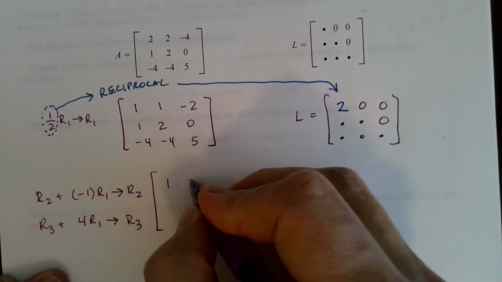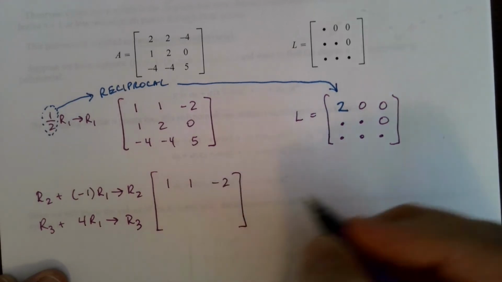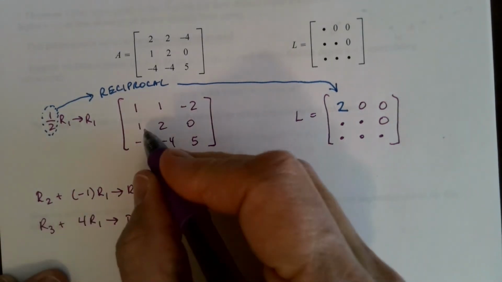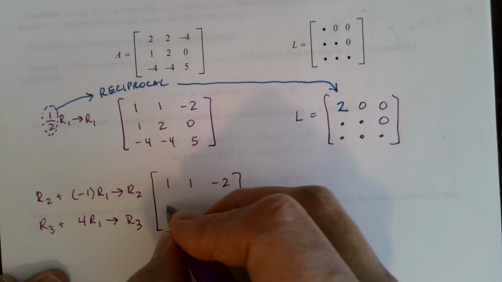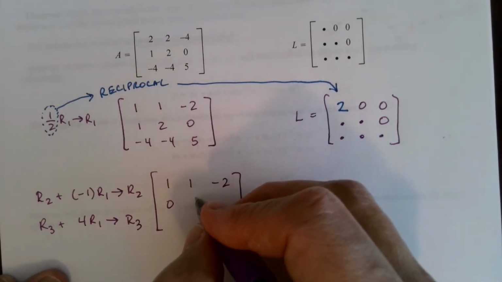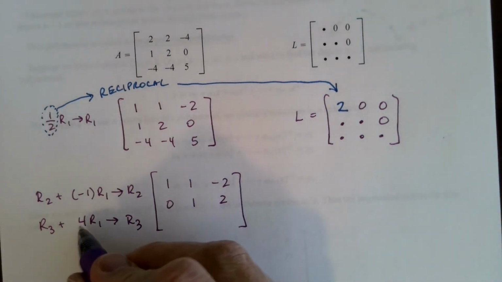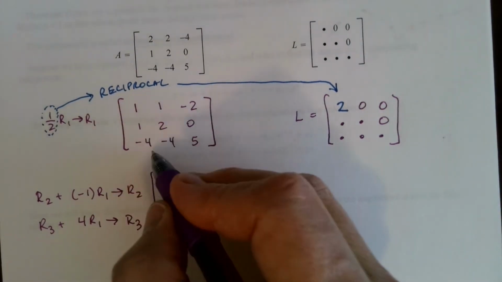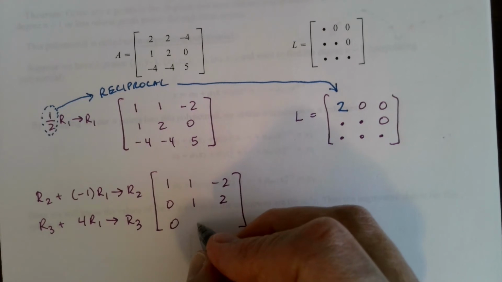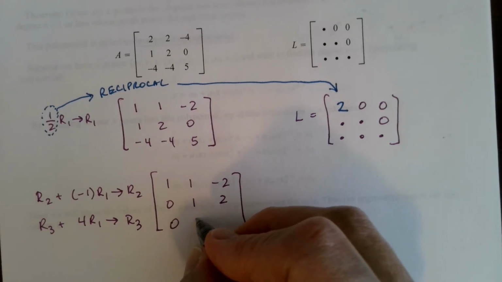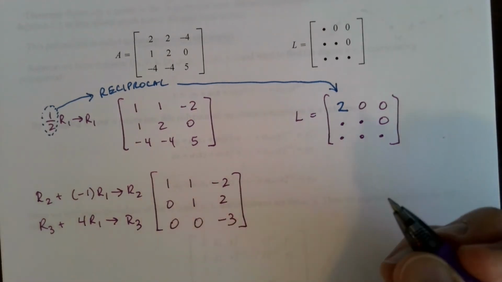So that does not affect row 1 at all. Row 2, I'm basically subtracting row 1. 1 minus 1 is 0. 2 minus 1 is 1. 0 minus -2 is +2. And then row 3, 4 times row 1 gives me a 0 here. And if I do the work, I'm going to get a 0 here and a -3 here. Okay.